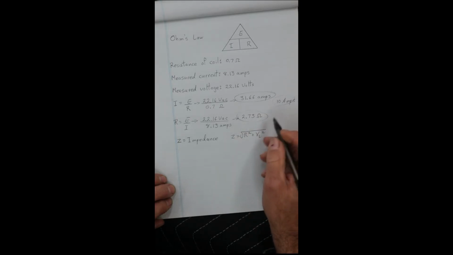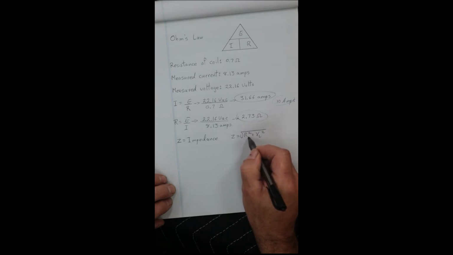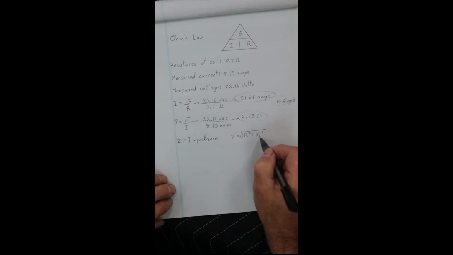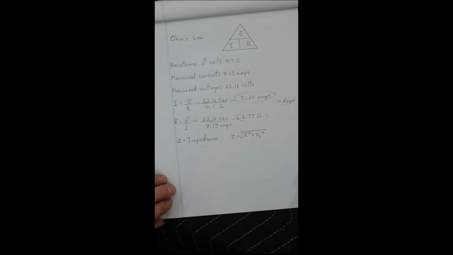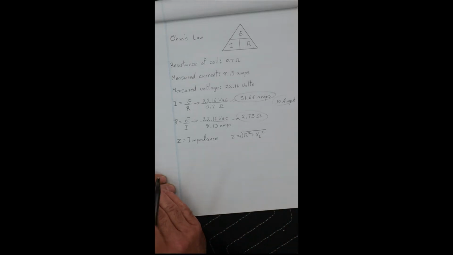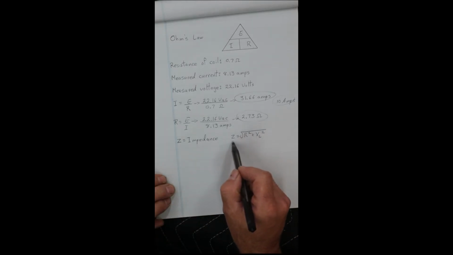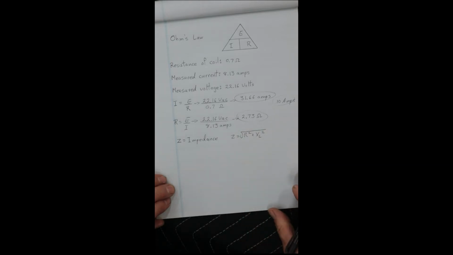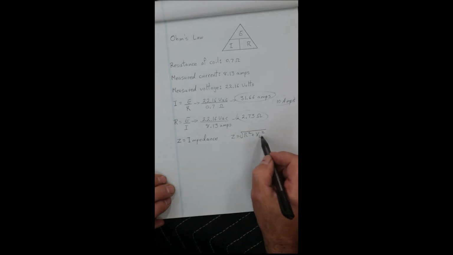Now, R represents resistance, X sub L represents a value of inductive reactance. This phenomenon where the coil is inducing a voltage into itself needs to be accounted for in these calculations. Now, we're going to have to modify this formula in order to calculate the value of inductive reactance.